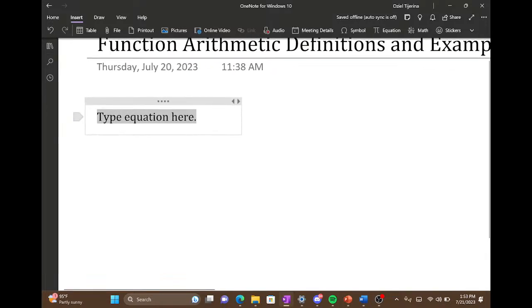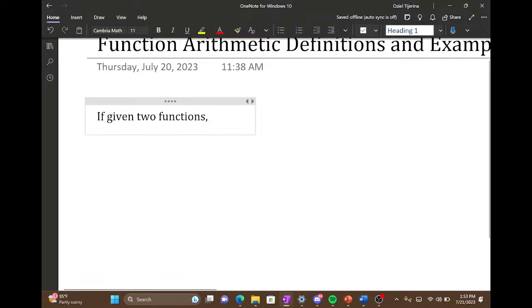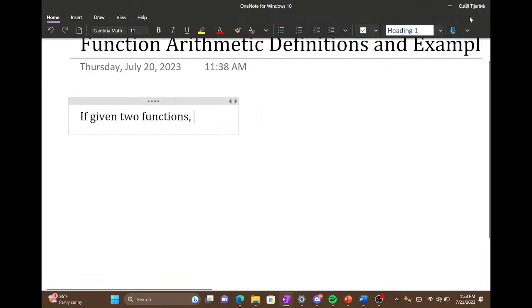So the first thing I want to say is, if given two functions, and I'm going to zoom in here so that y'all can see it better.